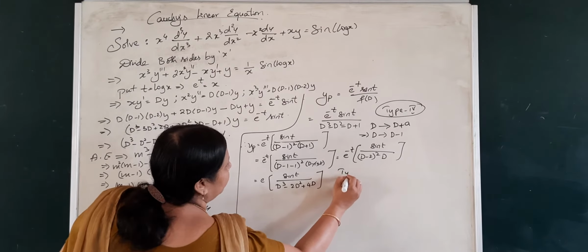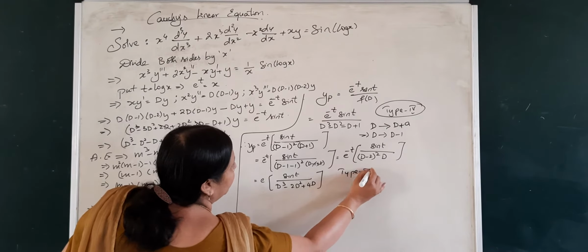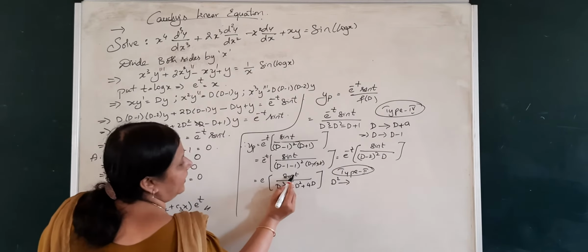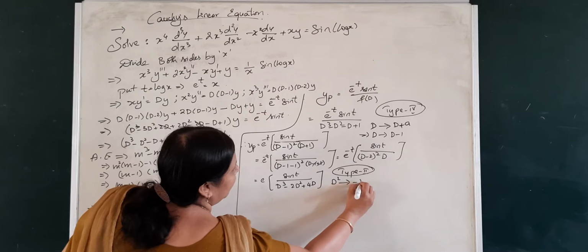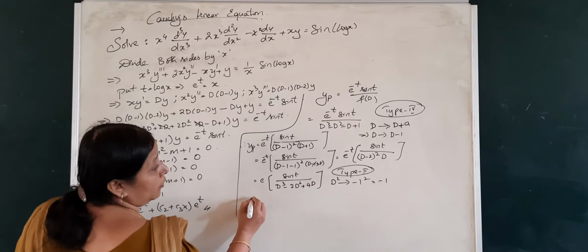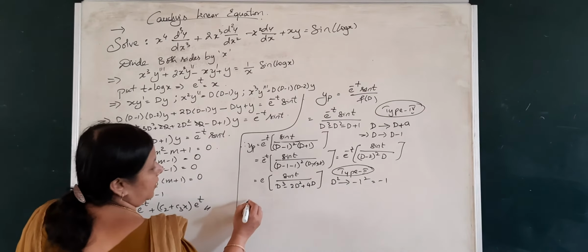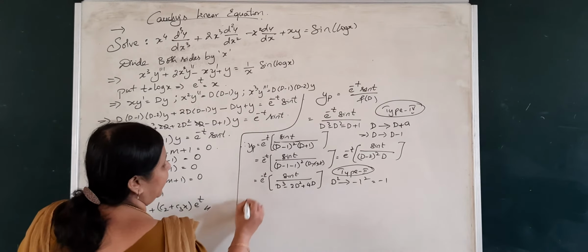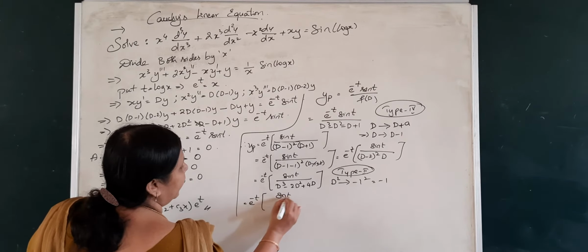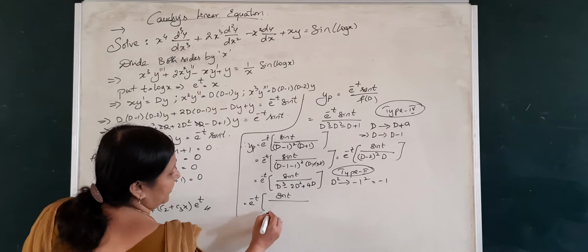This comes under type 2 again. So replacing d square by minus a square, here a is just 1. So minus 1 square, which is nothing but minus 1. Be careful, the negative sign will not have the square. So we get e power minus t as it is, sin t divided by d square is replaced by minus 1.